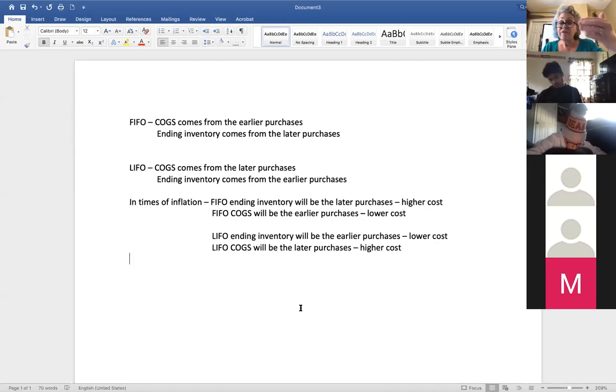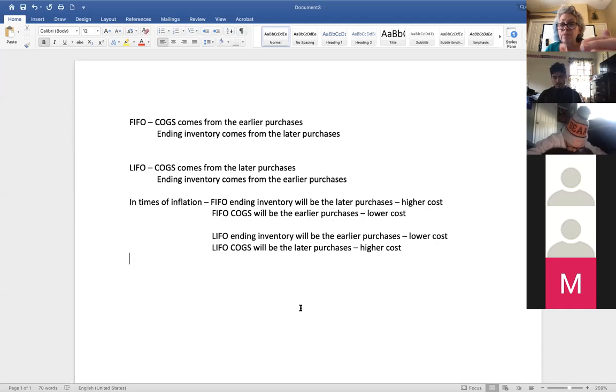So they would have to take whatever company uses LIFO and convert their balance sheet and income statement to FIFO to then be able to compare the two companies, to compare their gross profit percent, their gross profit, their operating percent, their net income percent, okay, what their margins are, okay?